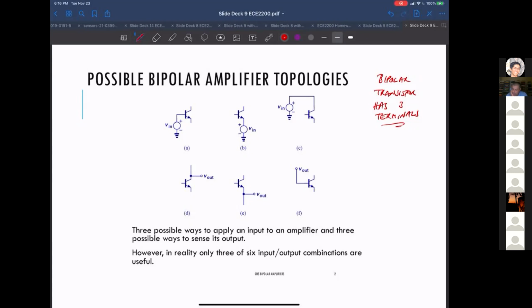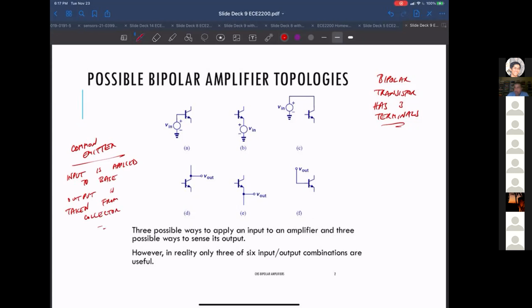The ones we already talked about were the common emitter, which includes degeneration. The idea is that input is applied to the base, and output is taken from the collector.